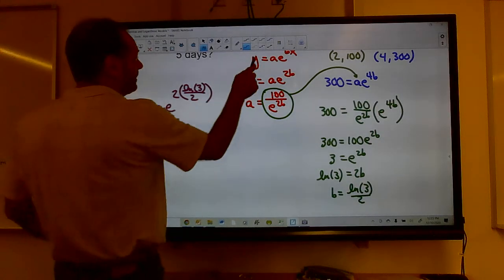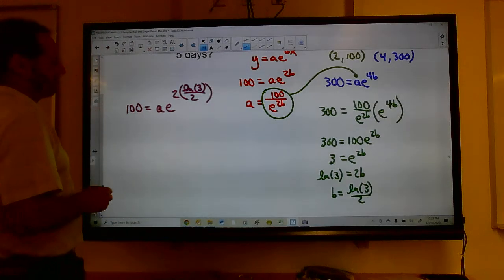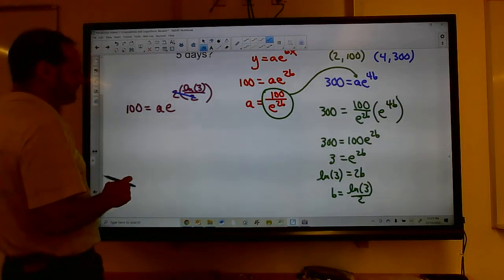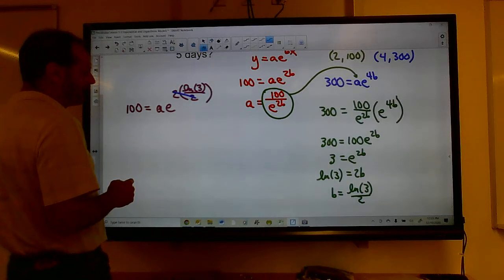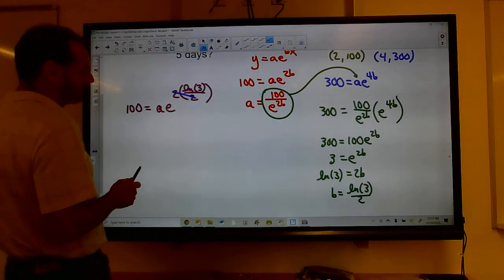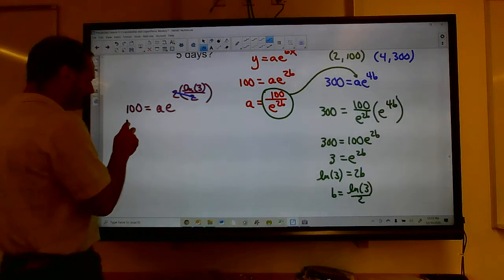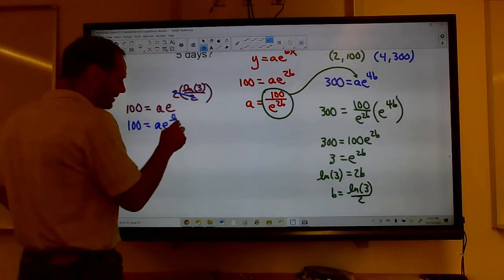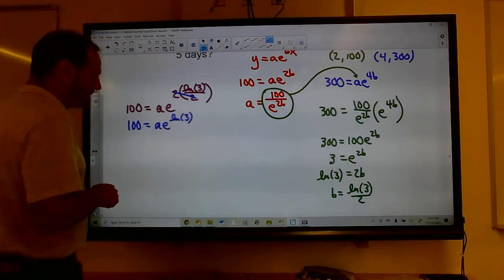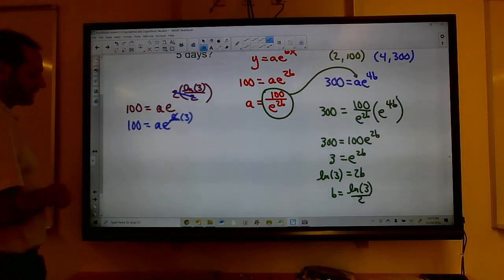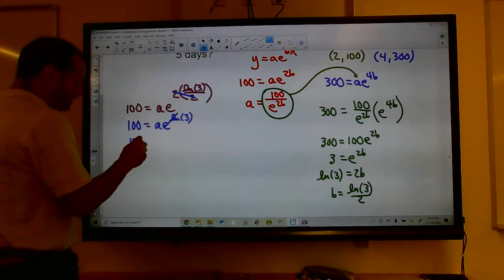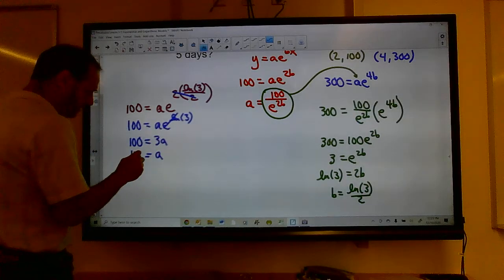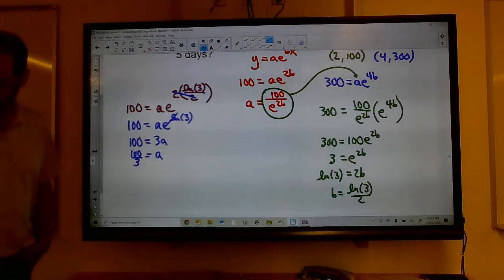And so now I got one variable, I can solve for a. So this is going to cancel. And then this is going to be 100 equals a e to the natural log of 3. And then the e and the natural log cancel, so 100 equals 3a, and so a is 100 divided by 3.